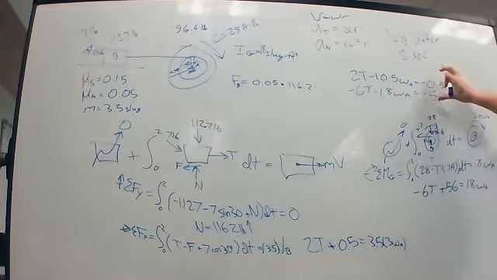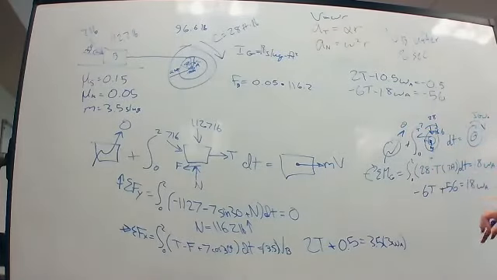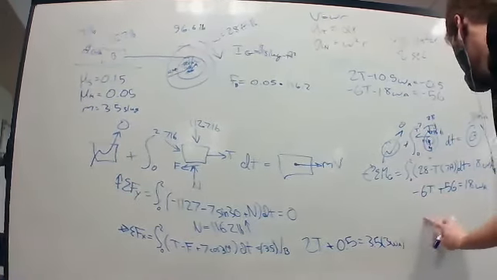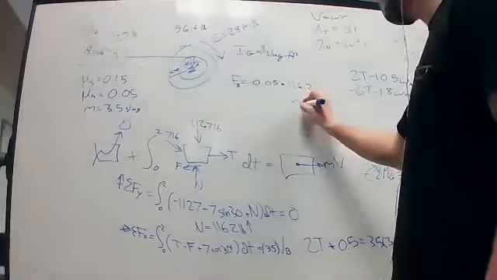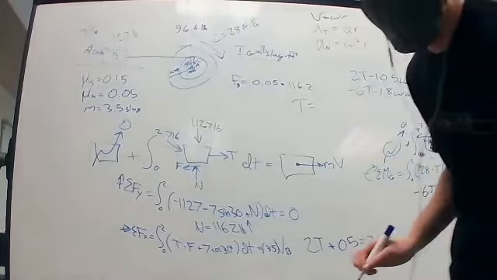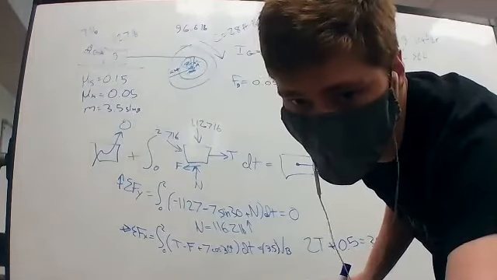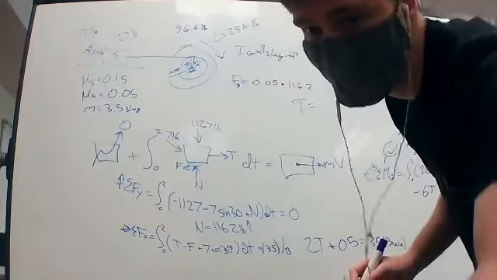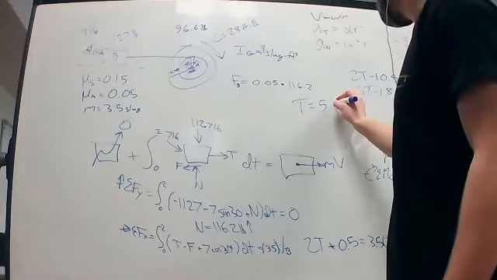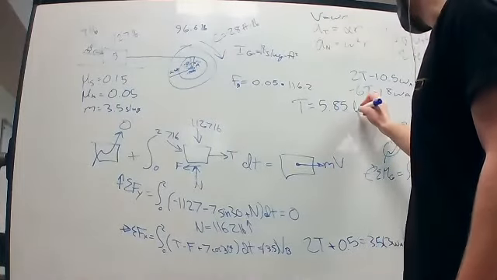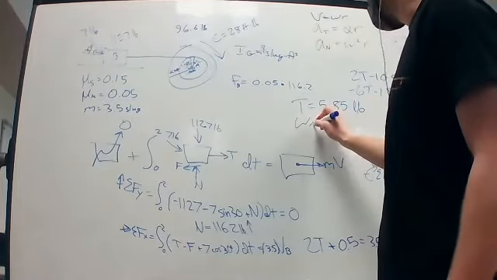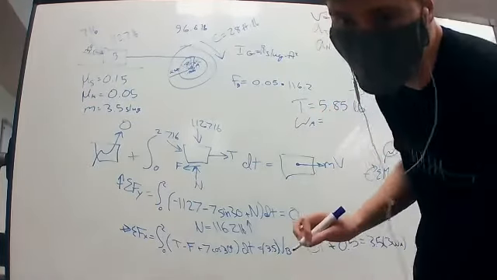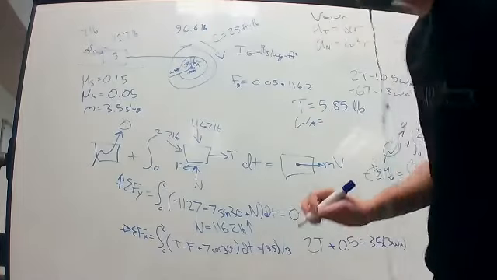You would set these into your matrix for the calculator, and you would get t is equal to 5.85 pounds. Omega A is equal to 1.16 radians per second.